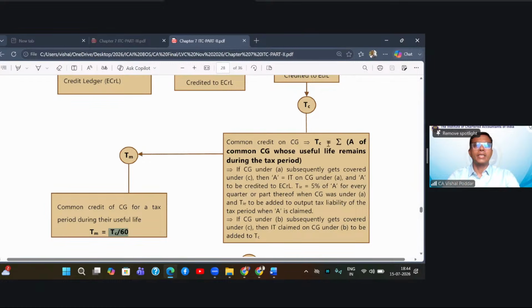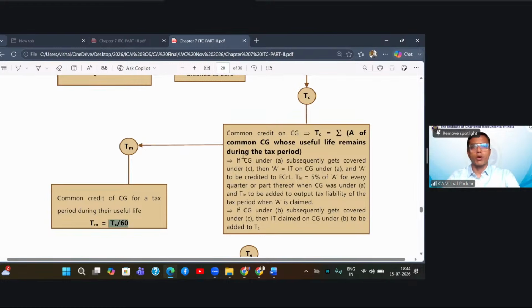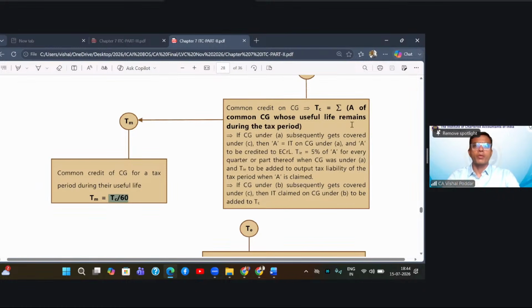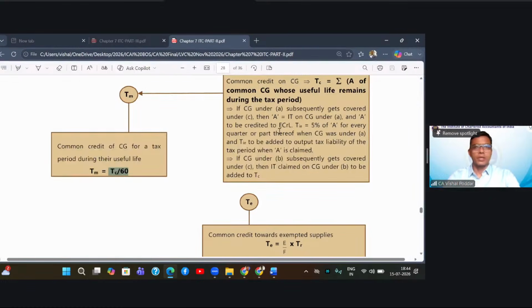So that is TC. So TC represents the summation of all the capital goods which are used for common purposes and for which the useful life is still pending. It means 5 years have not yet been completed. Now, this TC is divided by 60 months to find out the proportionate credit of the capital goods per month.